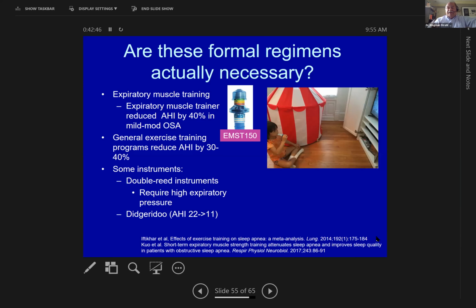Are these formal regimens actually necessary? There's some expiratory muscle training, other things that need a more rigorous approach. The problem with all this is that you can try something and it works, but you don't know why. You don't know what muscles are important, and you don't really have an idea of how long you need to do it.